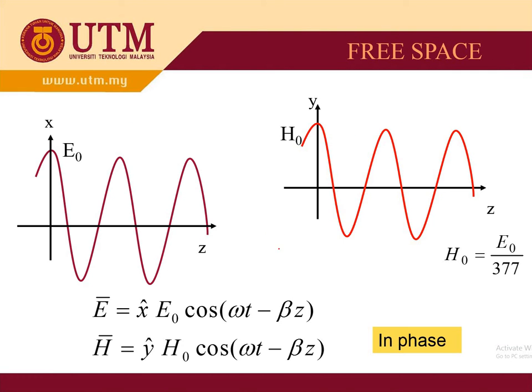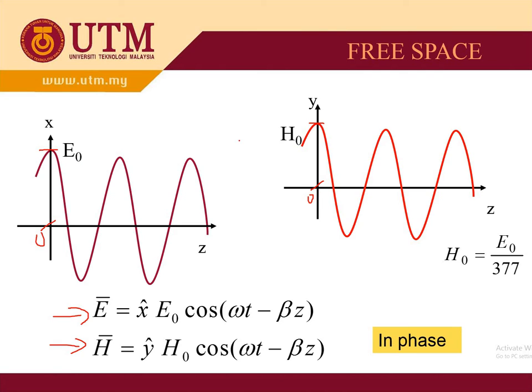In free space, they are in phase again, just like in the lossless media, your E and your H are in phase. Meaning in the Z propagation of the wave, they achieve the same phase at a particular location. For location 0, for example, both E and H are at the same phase.